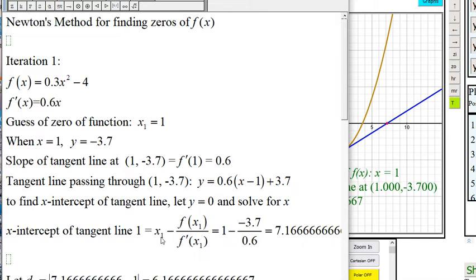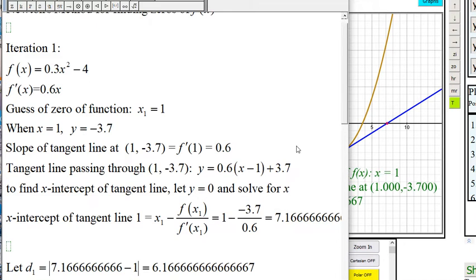The 1 is x1, which is our initial guess, and then f of 1 is the negative 3.7, divided by the derivative f prime of 1, which is 0.6. And so the x-intercept comes out to be about 7.1667.